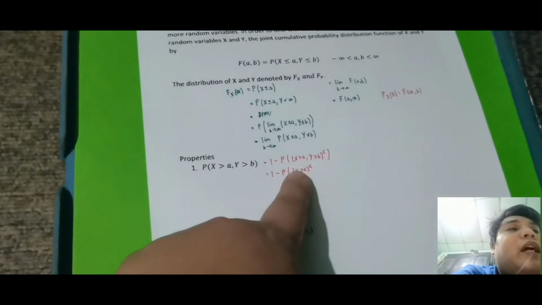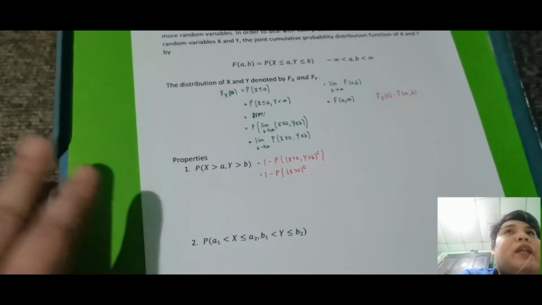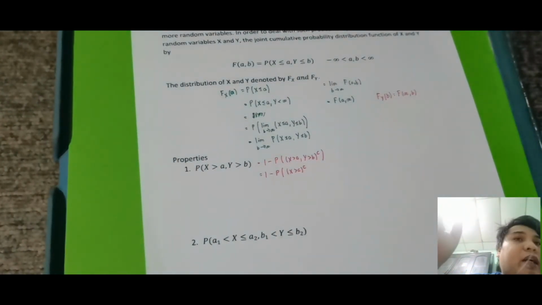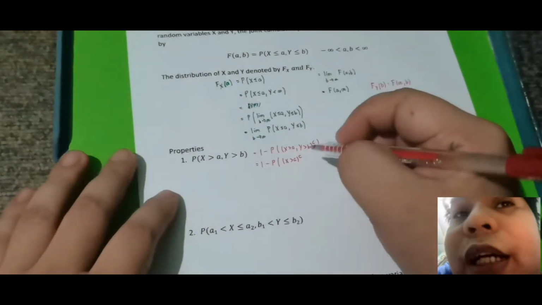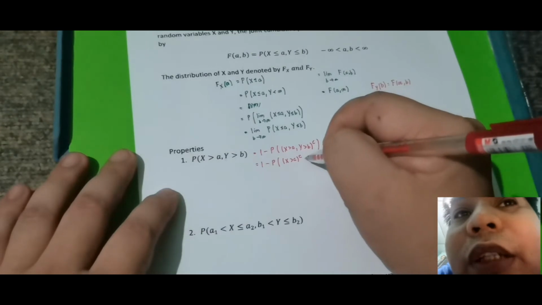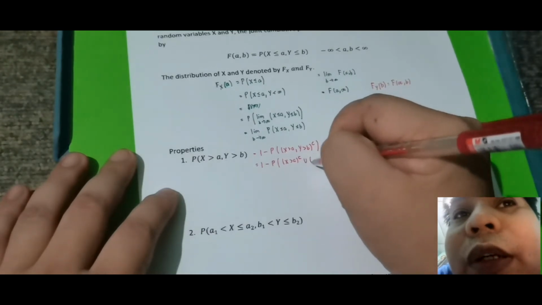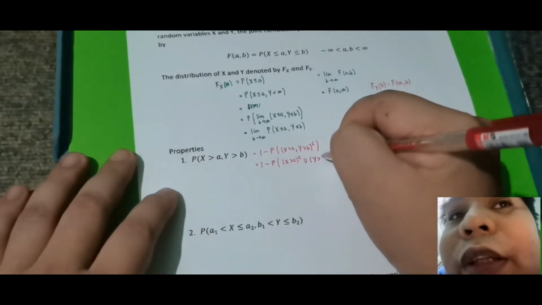Tapos, ibig sabihin ng comma sa logic is and, tama? So meaning, kung kinomplement si and, or ninegate mo si and, magiging or. So since and siya or intersection, automatically this becomes union. So pag pinasok ko yung complement na yan, this becomes union ng Y greater than B complement.